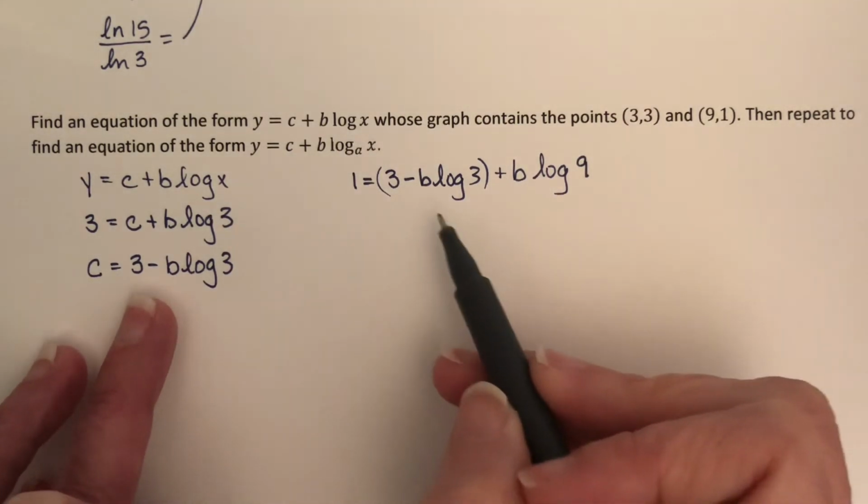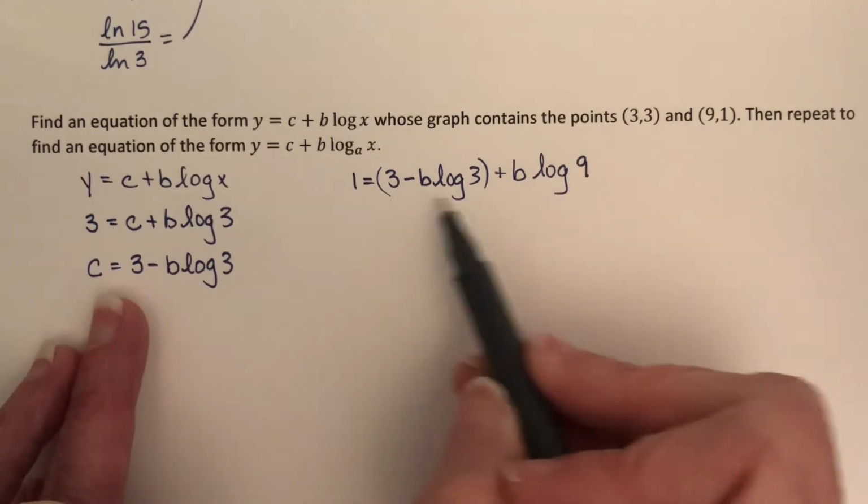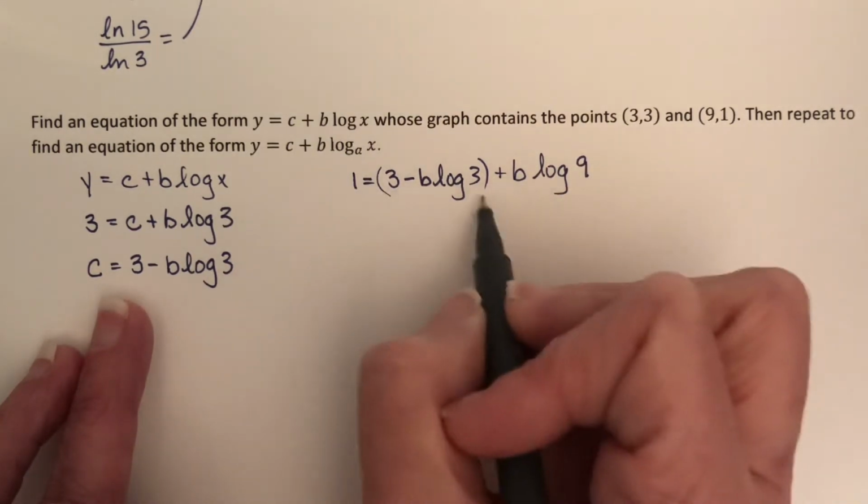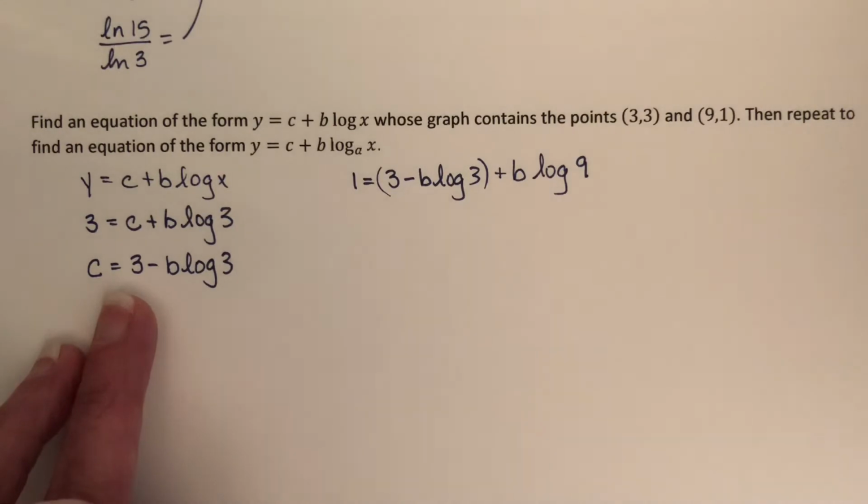Okay, now I want to try to solve this for b. So the parentheses here are only to help you see what c was. It actually doesn't make any real difference.